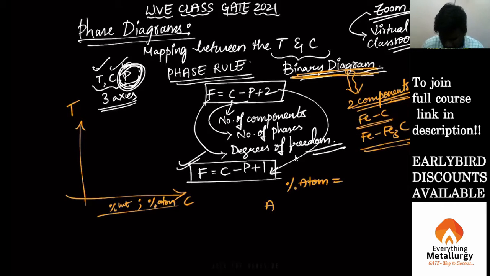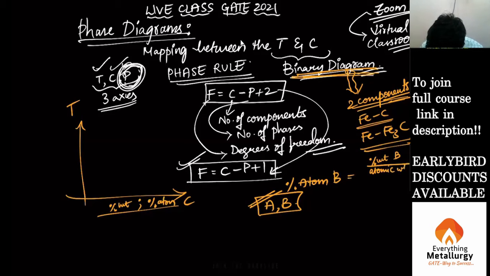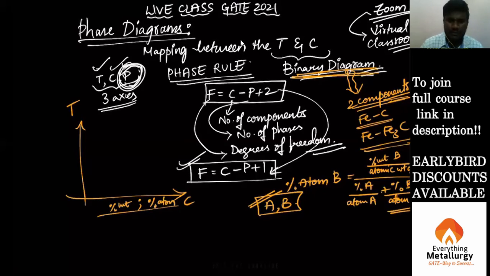For example, if I consider a binary system of A and B and calculate the atom percentage of B, it equals the weight percentage of B divided by the atomic weight of B, divided by the total, that is, the weight percentage of A divided by the atomic weight of A plus the weight percentage of B divided by the atomic weight of B. Multiply by 100 if you want percentages; otherwise it will be a fraction.